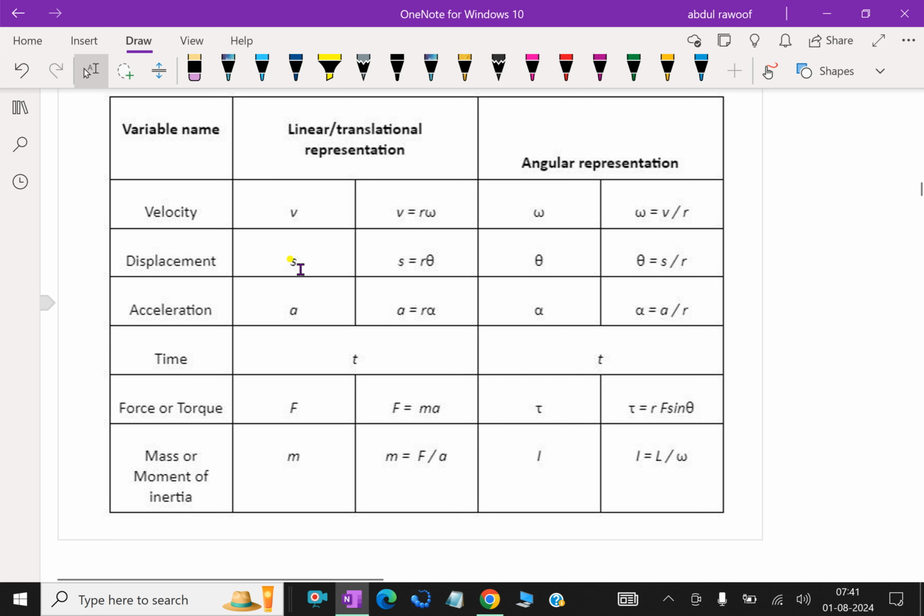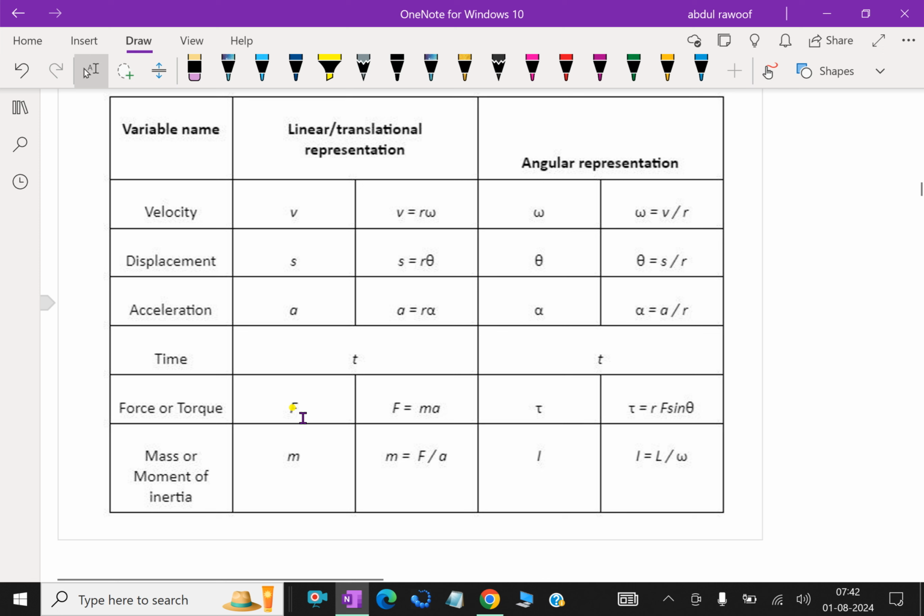Linear displacement is s equals r theta, and in angular representation it is theta, where theta is s over r. Linear acceleration is a, angular acceleration is alpha, so a equals r alpha. Therefore, alpha equals a over r.